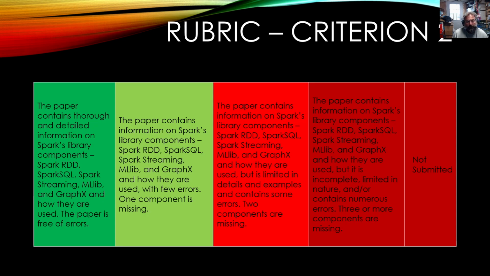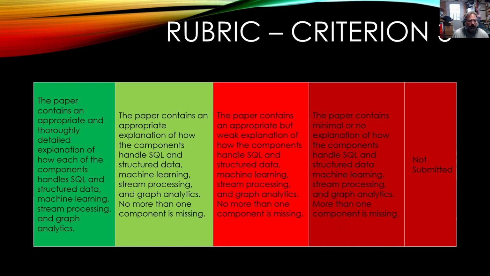I would probably want to throw in GraphFrames and data frames, because data frames are pretty important these days. And then the paper contains an appropriate and thorough, detailed explanation of how each of these components handles SQL and structured data, machine learning, stream processing, and graph analytics.